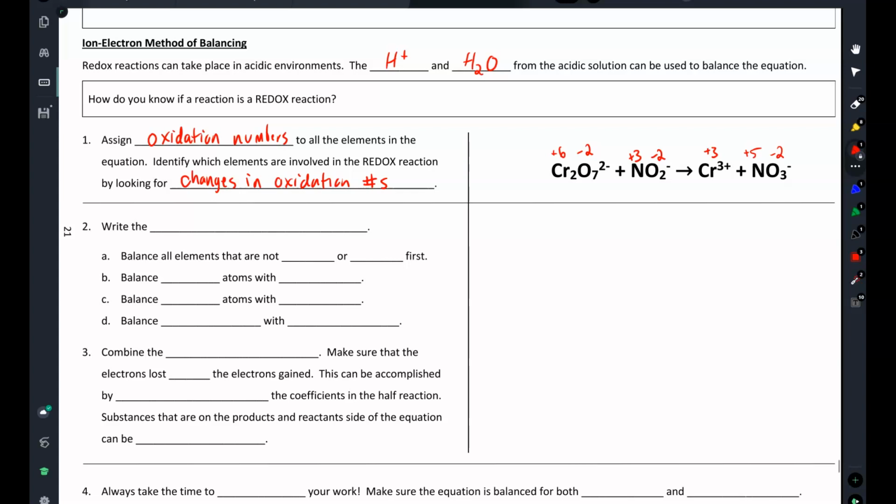All right, so chromium and nitrogen are two elements that are involved in the redox reaction. Oxygen really is kind of a spectator in this case. Its oxidation number does not change. It's a -2 everywhere you see it in the equation. So we're going to write the half reactions.